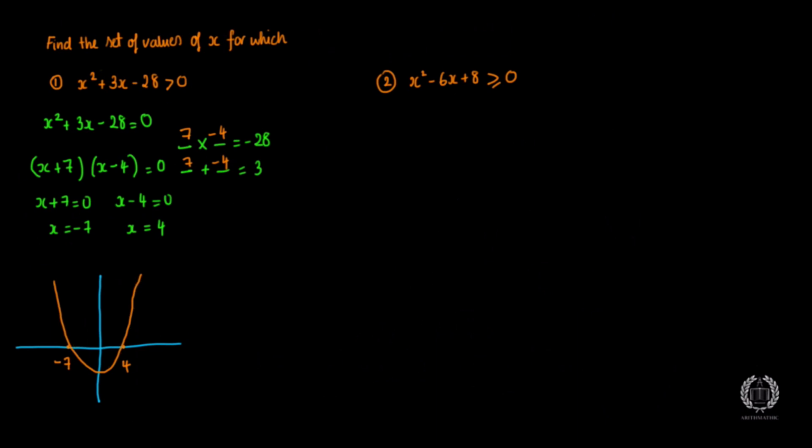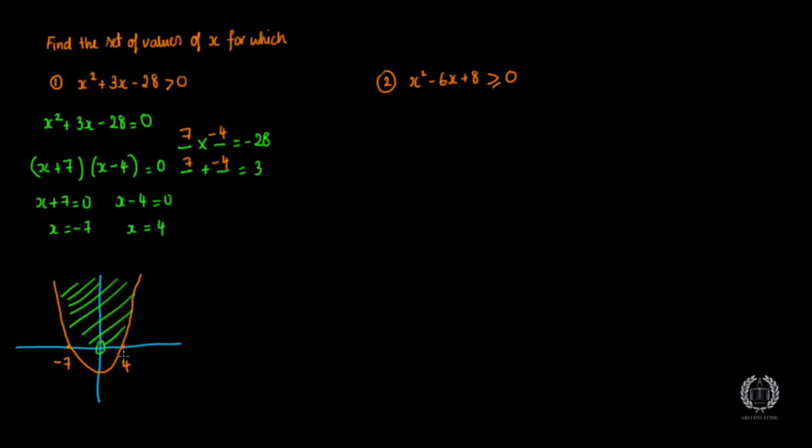Now, my answer, because I have to look at my inequality here, right? It's greater. So greater basically means I'm going to shade on the top. And I don't know if I did that on the previous video on the example, but basically if it's greater than 0, you shade on the top, okay? Because it's greater than 0.